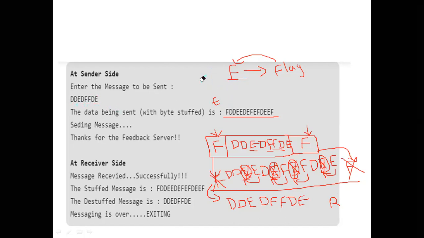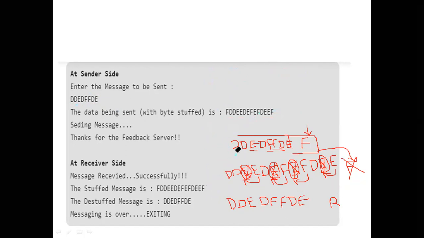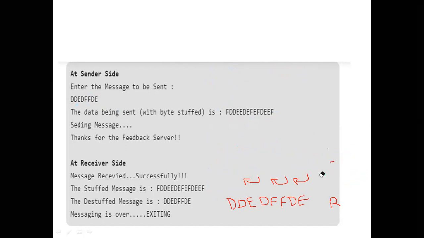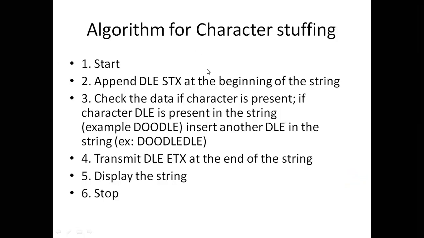And coming to the algorithm. So this is the character stuffing algorithm at the sender side. First, start, and then append the starting delimiter at the beginning of the string and check the data if a character is present.